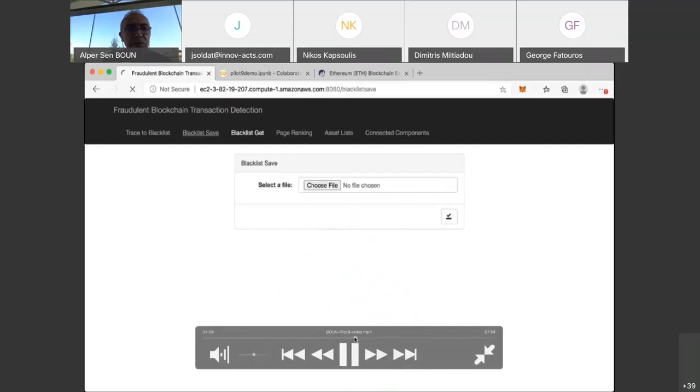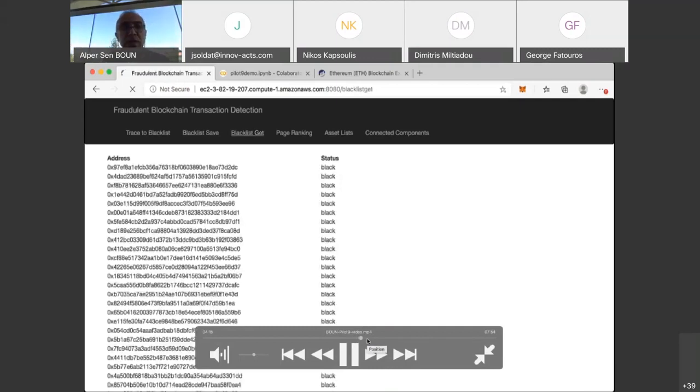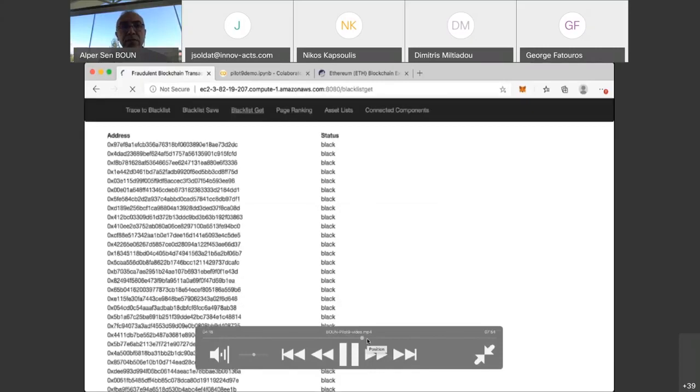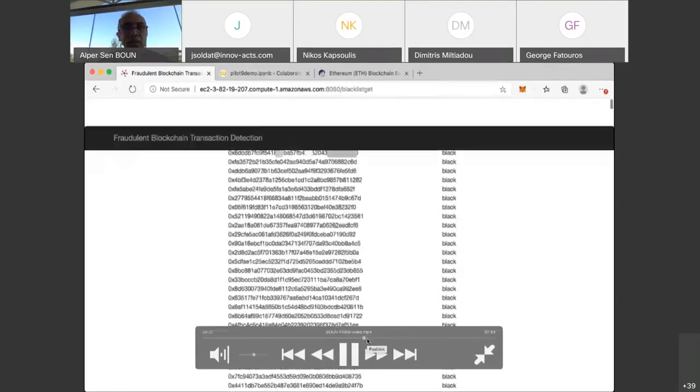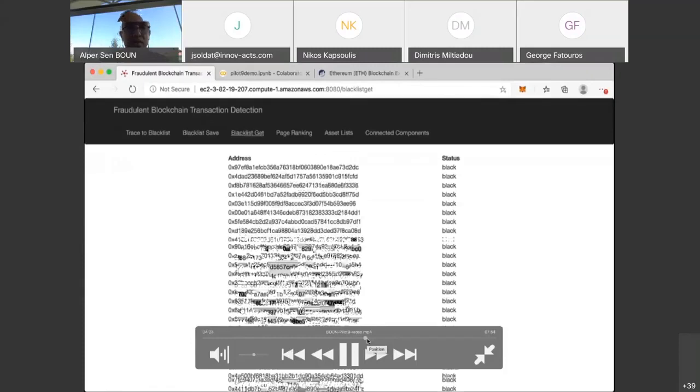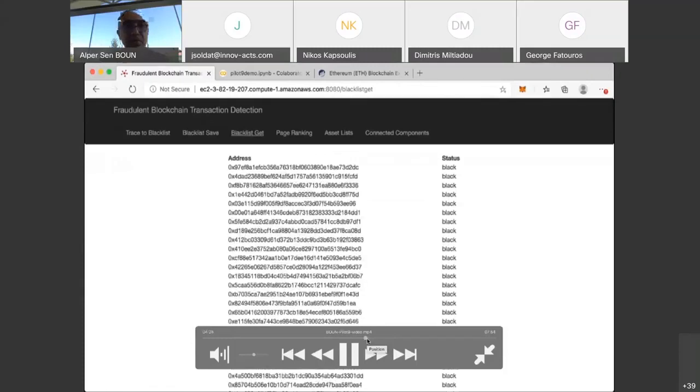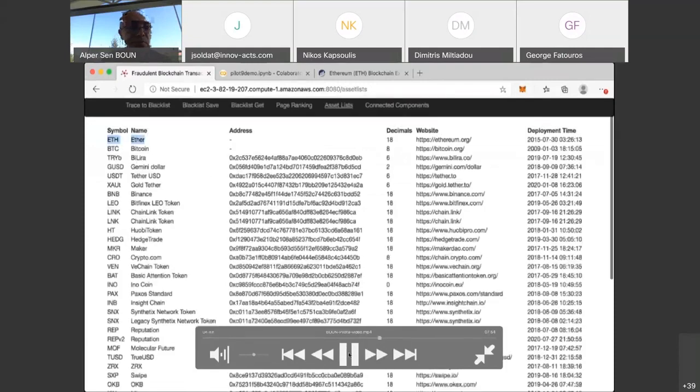You can upload blacklist nodes to the system, and we currently have 4,000 addresses. A lot of these addresses are available on the internet, from websites such as the U.S. Treasury. You can collect these addresses, and this one shows the list of assets that we're tracking.